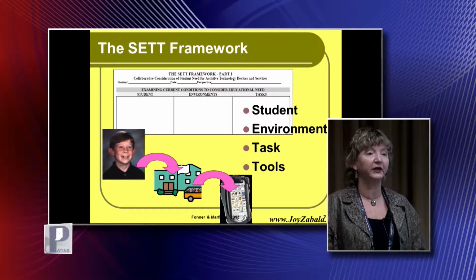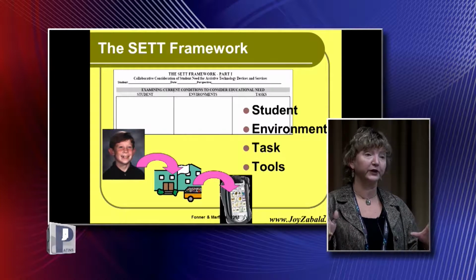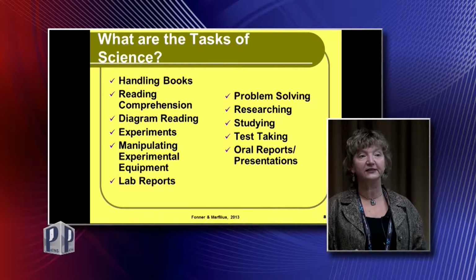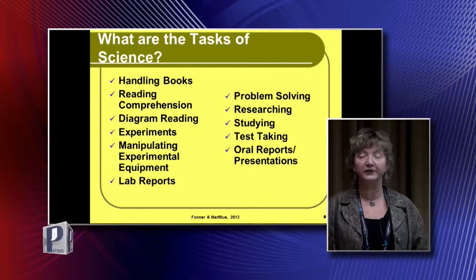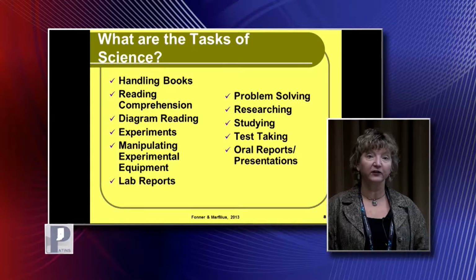It can't just be looking at the tools first, because then we end up using tools for non-specific purposes. So we try to create a list of what are those kinds of tools, and we've done this by working with the teachers that we work with in classes and looking at science.